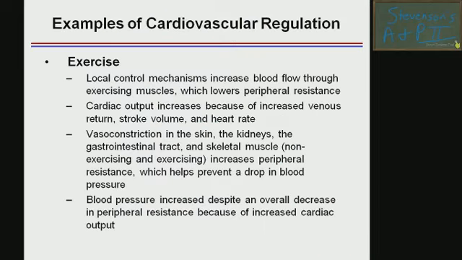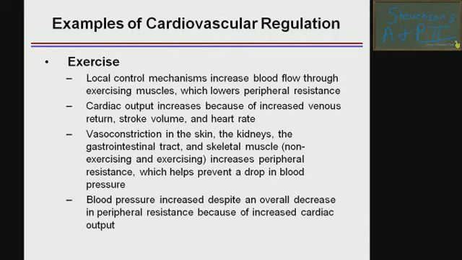Exercise. What happens in exercise? Exercise causes local control of a mechanism that increases the blood flow through exercising muscles by lowering the peripheral resistance. Cardiac output then increases because of increased venous return, stroke volume, and heart rate.